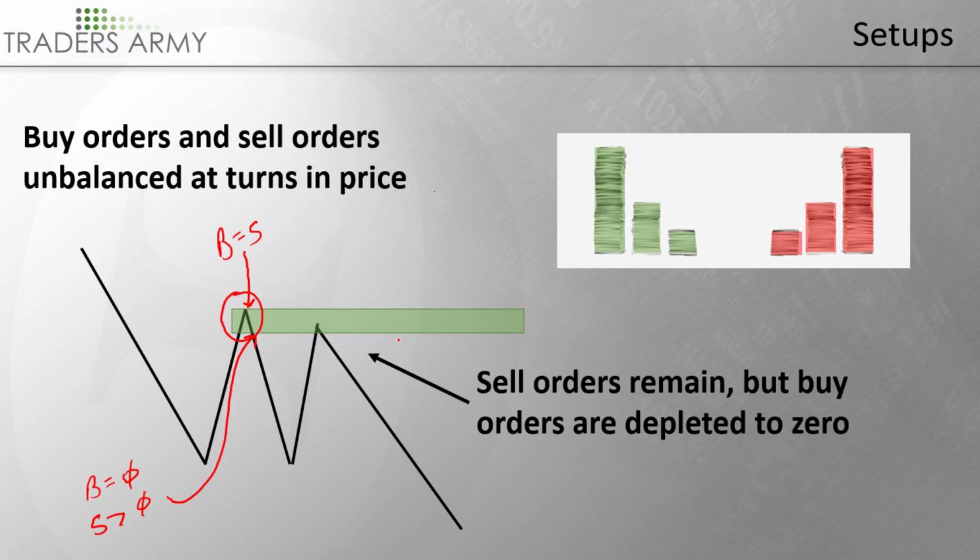Well, we know that price moved away from there very quickly. So the question is, did every single seller who wanted to sell up at this price get their order filled? The answer to that is no. We know for certain that they didn't get their orders filled or price wouldn't have moved. So there's still going to be a stack of willing sell orders that do remain.